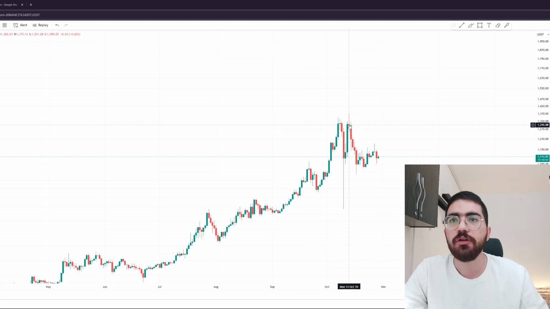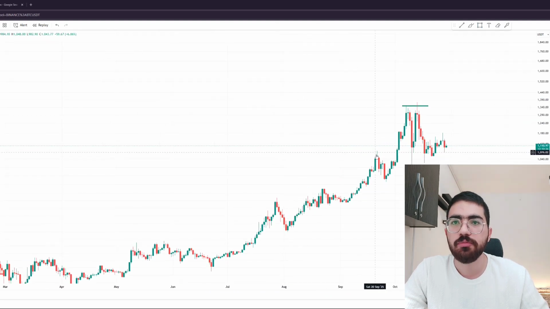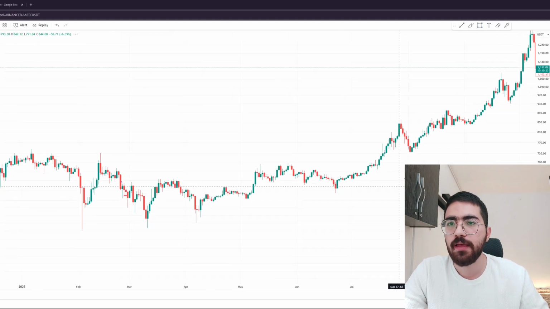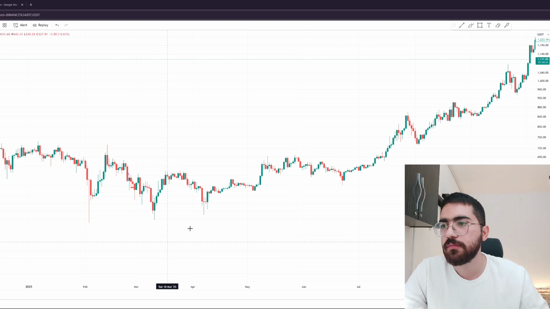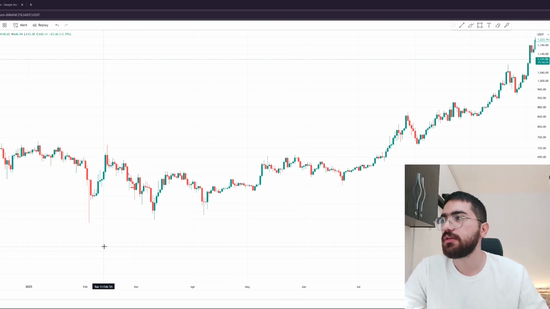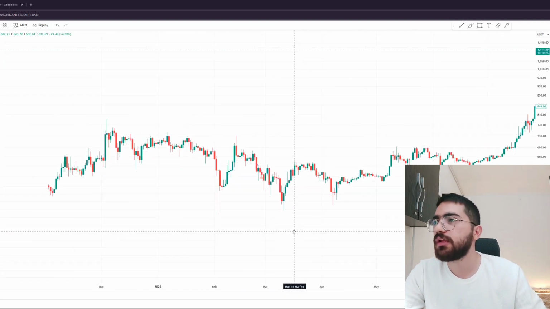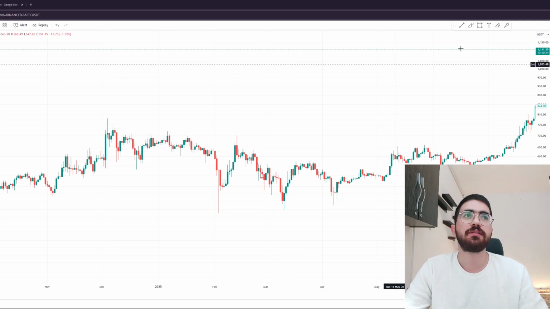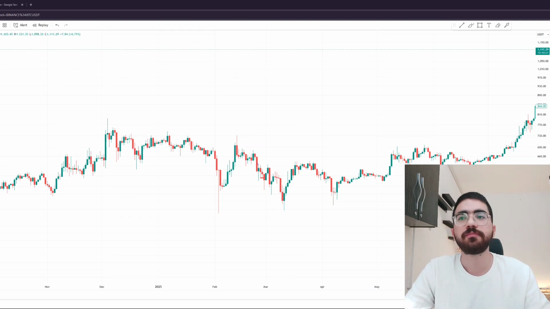Here we got a pin bar on this important level. Here we got another pin bar, and more pin bars here. So I think we have covered enough examples. Okay, let's go for the next candlestick pattern.